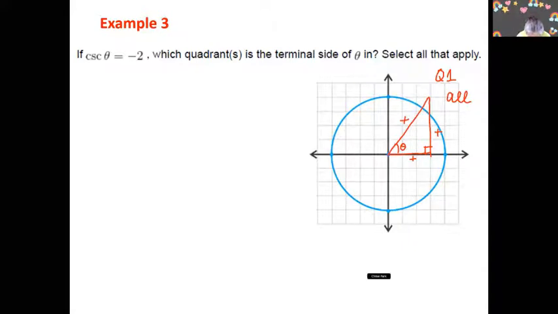Quadrant 2. In quadrant 2, the reference right triangle is here.